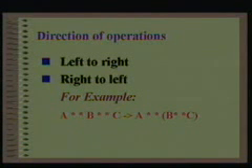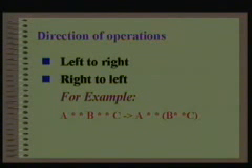Let's see one example to explain what exactly we mean by direction of operator. We are trying to evaluate the expression a exponent b exponent c. If you recall the previous expression, there all the operations are executed from left to right.